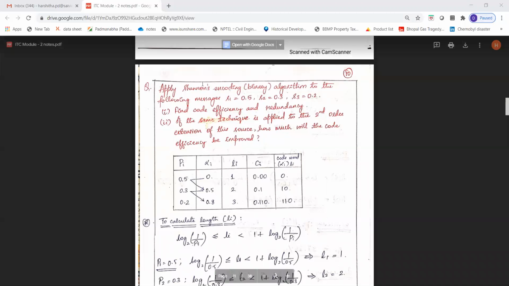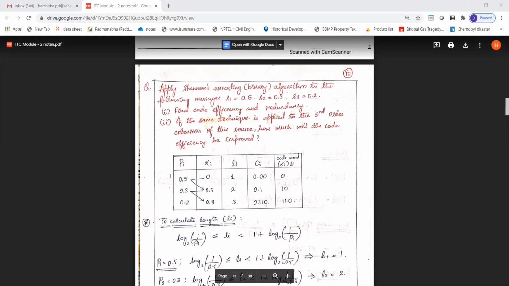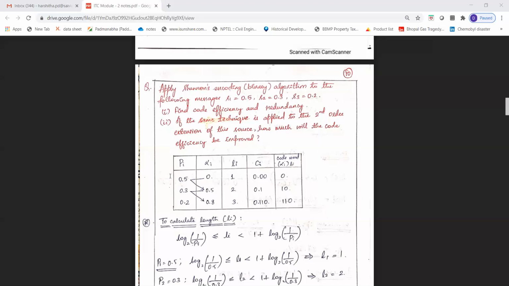So first analyze the problem. What is given in the problem is there are three symbols, namely S1, S2 and S3, and the probabilities of the three symbols are given as 0.5, 0.3 and 0.2. The first and foremost thing that we are supposed to do in Shannon's encoding algorithm is to arrange the given probabilities in descending order.